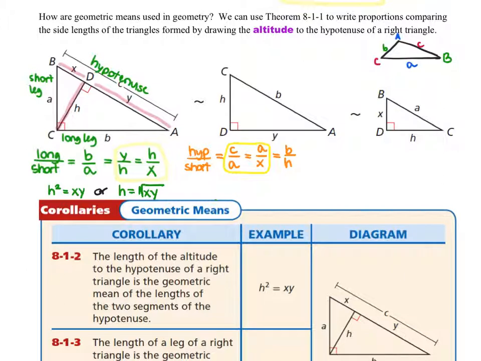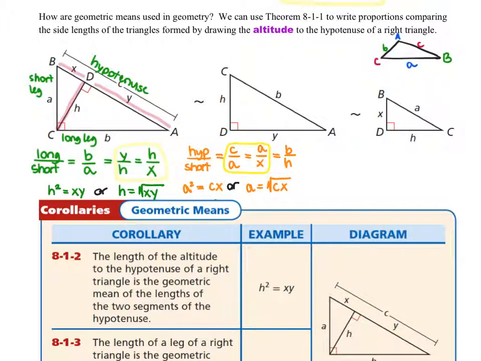So once again, we can rewrite this using the geometric mean. A is the geometric mean of side lengths C and X. Another way to write this is A is equal to the square root of C, the whole hypotenuse, times X, the piece of the hypotenuse.